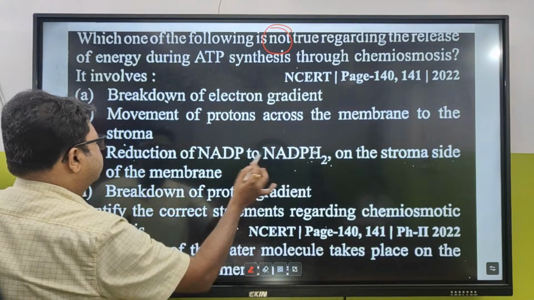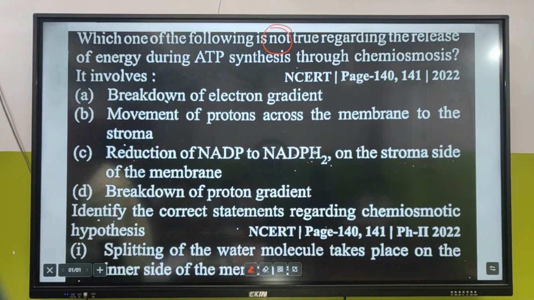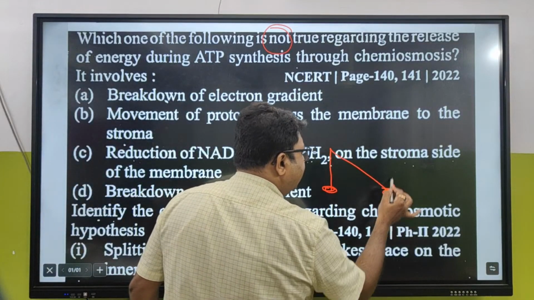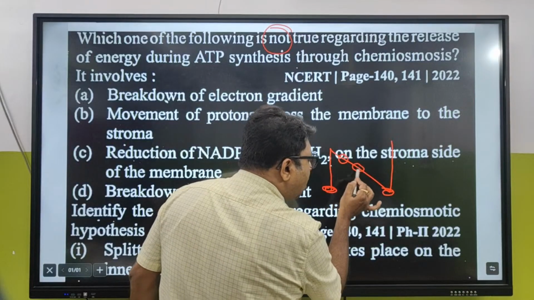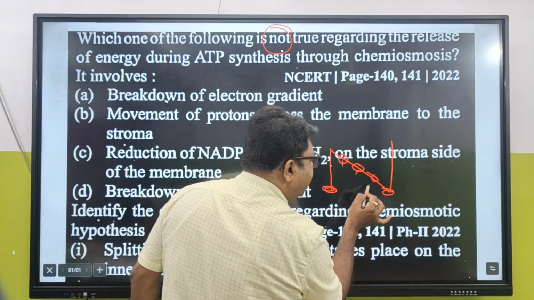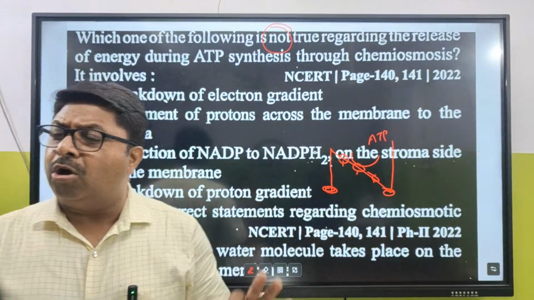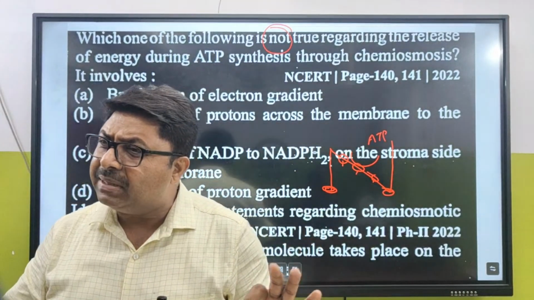Reduction of NADP to NADPH2 during chemiosmosis. Chemiosmosis means what? Chemiosmosis occurs over here, which ultimately leads into ATP. Chemiosmosis only leads into formation of ATP.